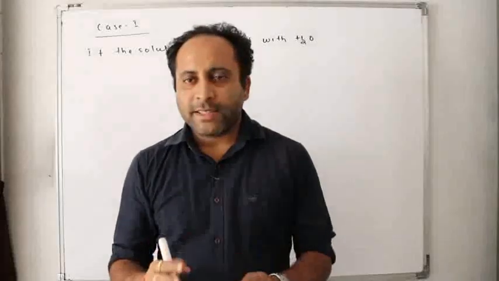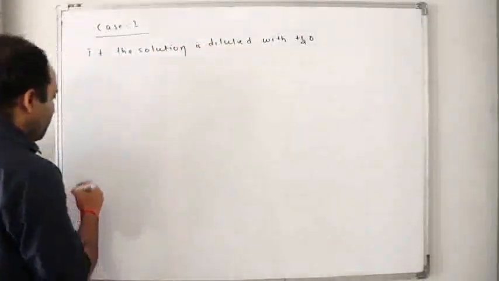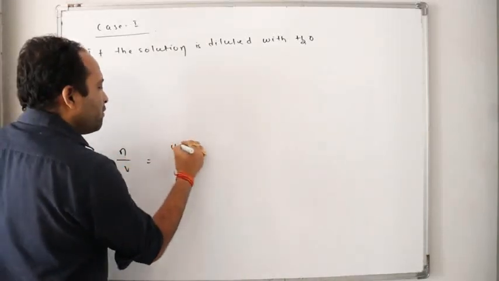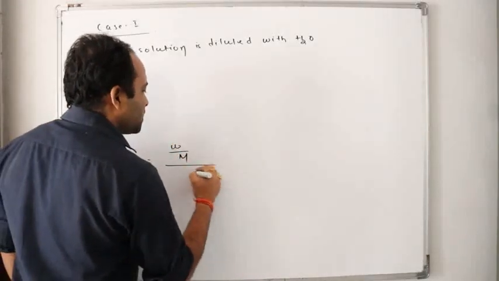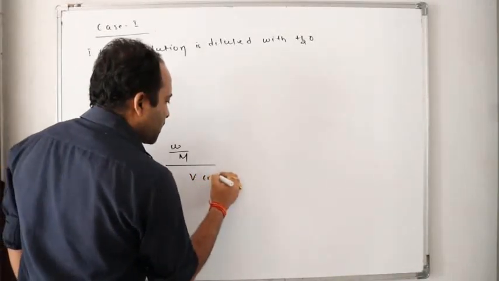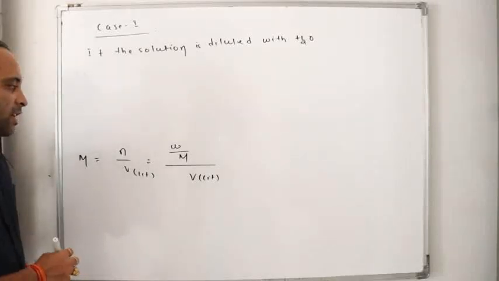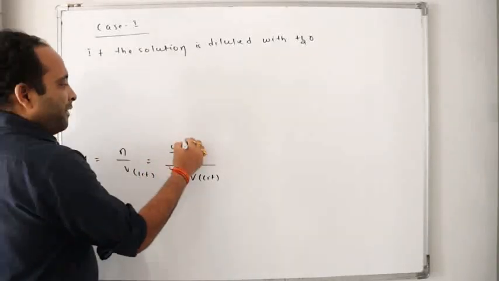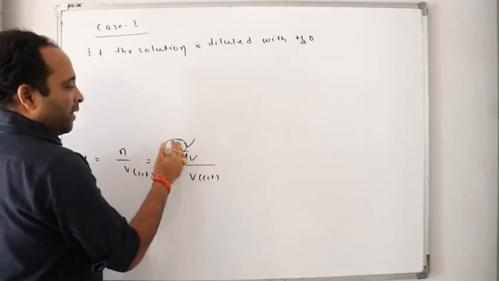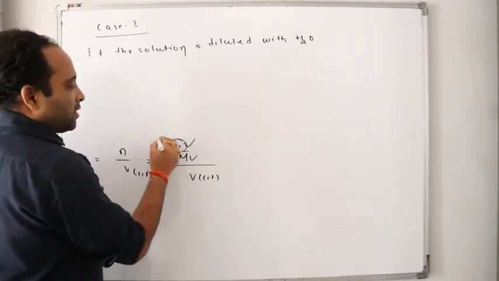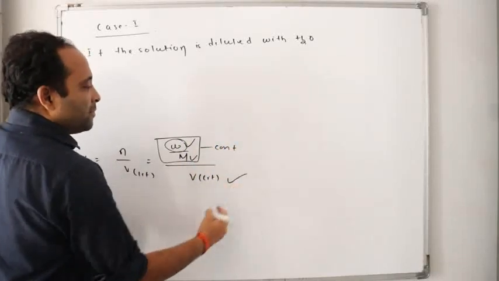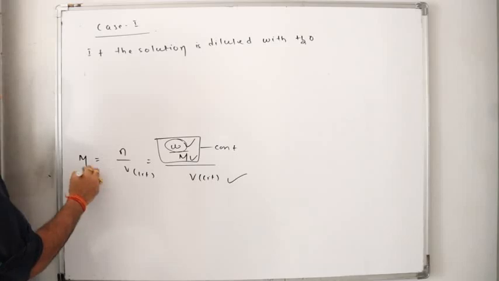Very simple fundamental. Molarity is equal to number of moles by volume, that is equal to weight in gram by molar mass by volume, that too in liters. If I add water, weight may not change, molar mass may not change, because this is the weight of the solute. This remains constant, but volume changes. That means if volume changes, molarity changes.